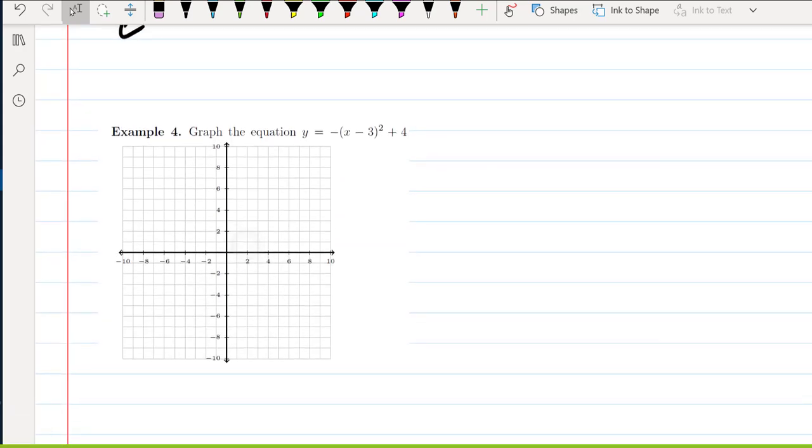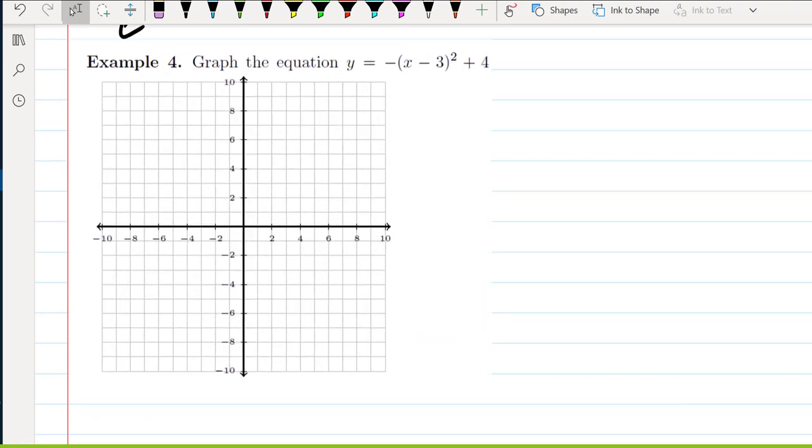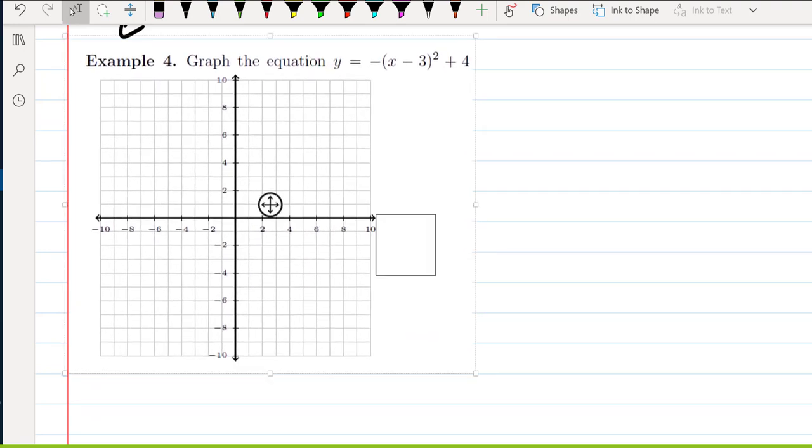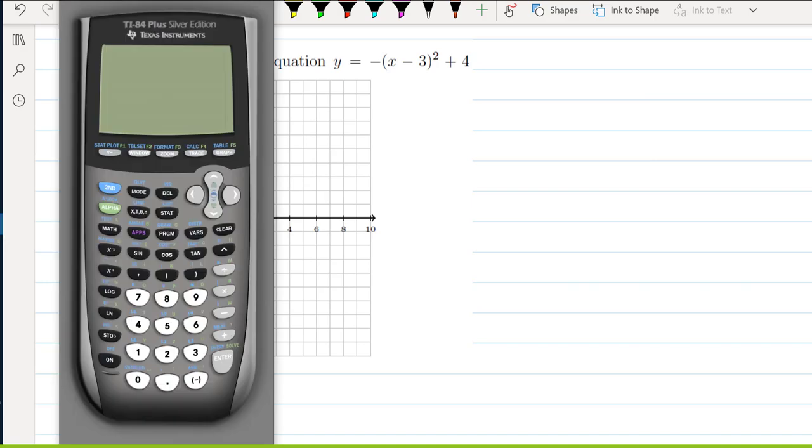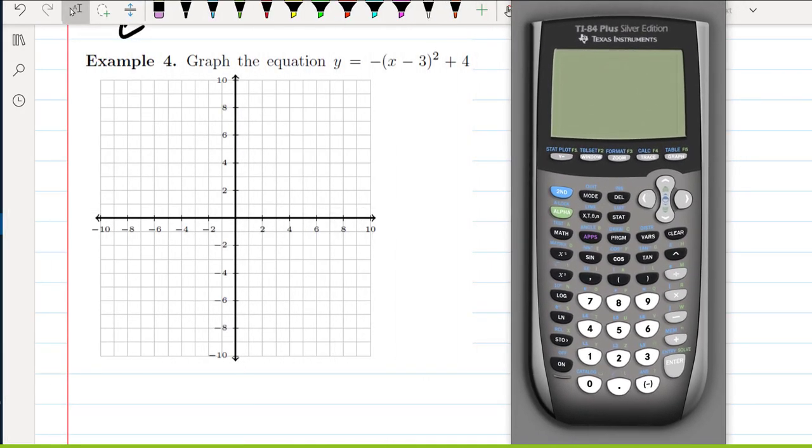So we're going to talk a lot about quadratics, which is what this is specifically in Chapter 3. So for example 4, what we really want to talk about is using our good friend, our TI-84 graphing device. So I know everybody has maybe used these, maybe not, so I'm going to assume that you have no idea how to use this. So we're going to start from the very beginning.